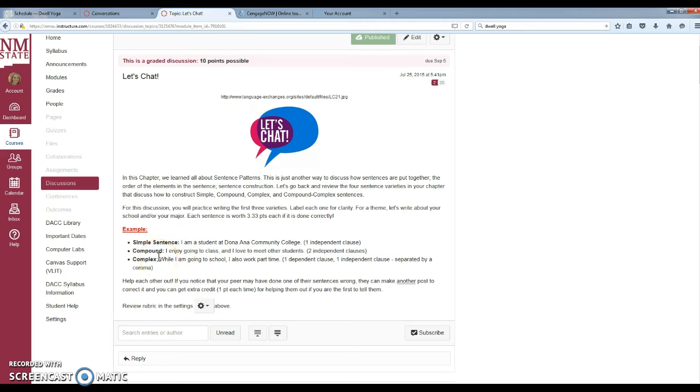Now let's look at a compound sentence. A compound sentence is two of these independent clauses placed together. The first part, I enjoy going to class, is an independent clause. It is a complete sentence. It has a subject, which is I, and a verb, enjoy going, our verbal phrase.